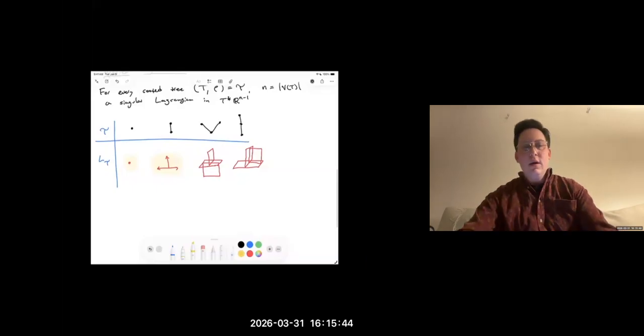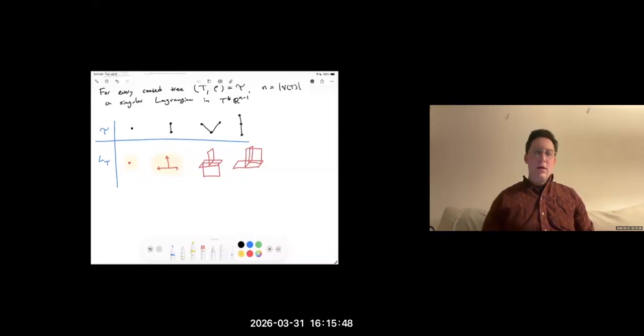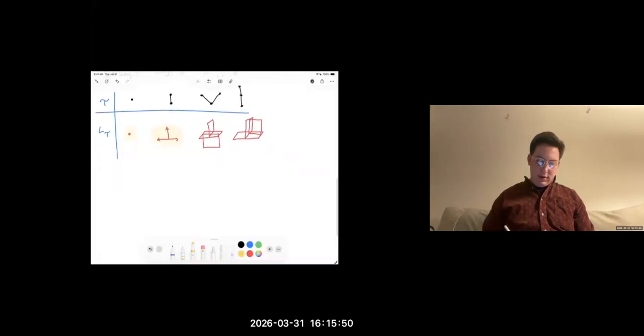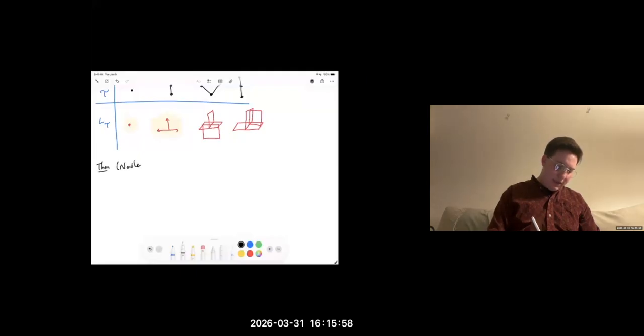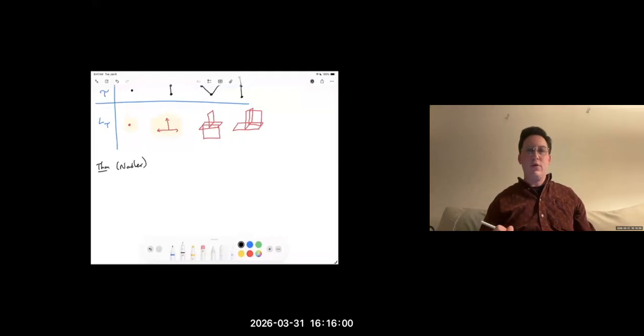That was kind of the idea. It's known now that in high dimensions it's not quite true, but in the dimensions that I care about, it will be true. And Nadler's main result here was to classify the microlocal sheaf categories associated to each of these arboreal singularities.